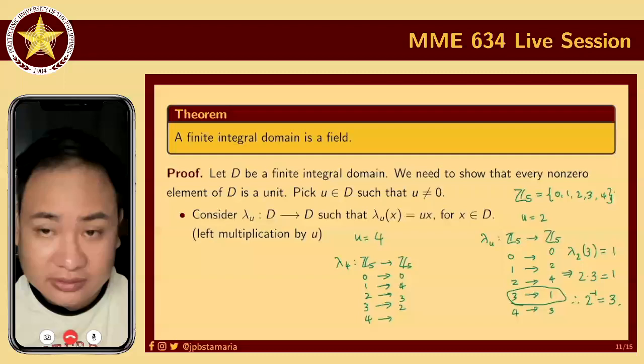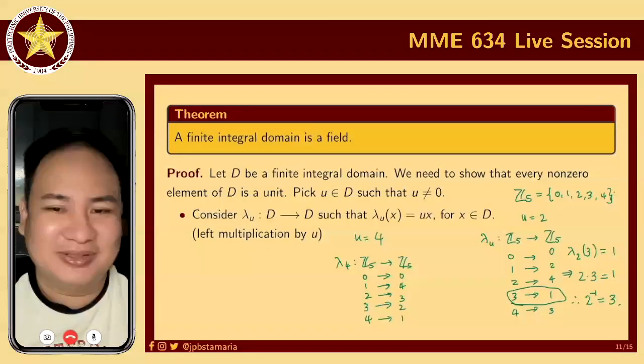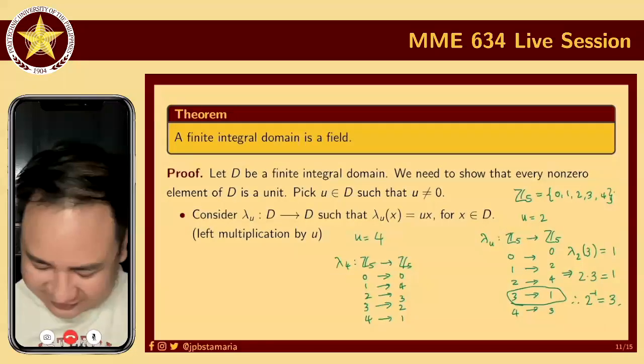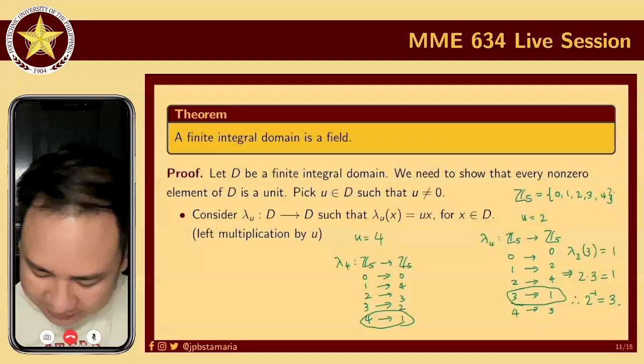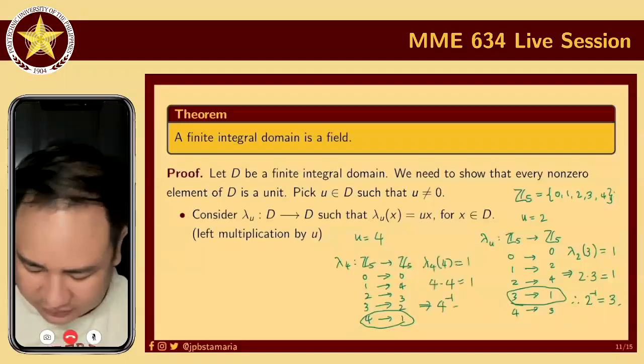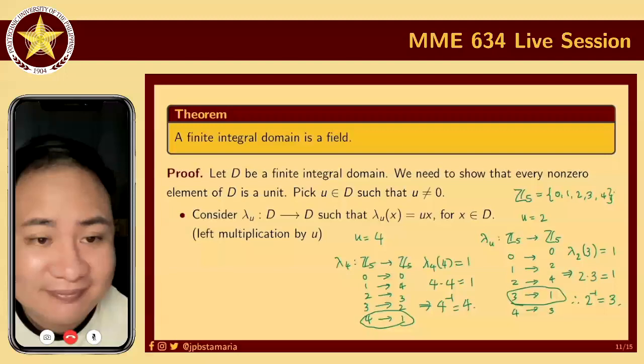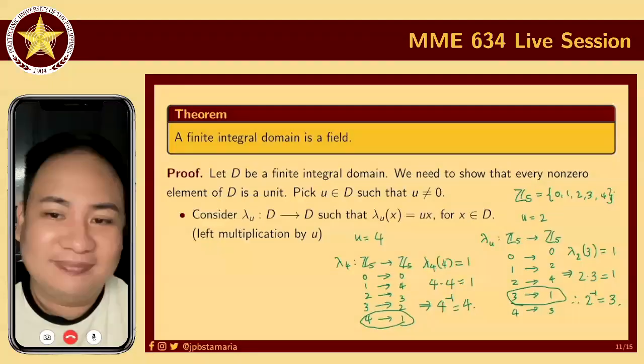And 4 times 4, 1. Oh, lumabas na naman si 1, no? So that means to say lambda 4 of 4 is 1, or 4 times 4 is equal to 1. Therefore, 4 inverse is itself. Nakuha niyo?